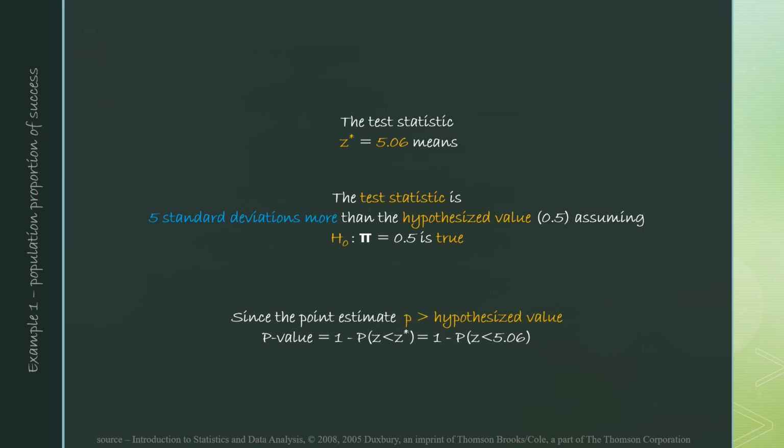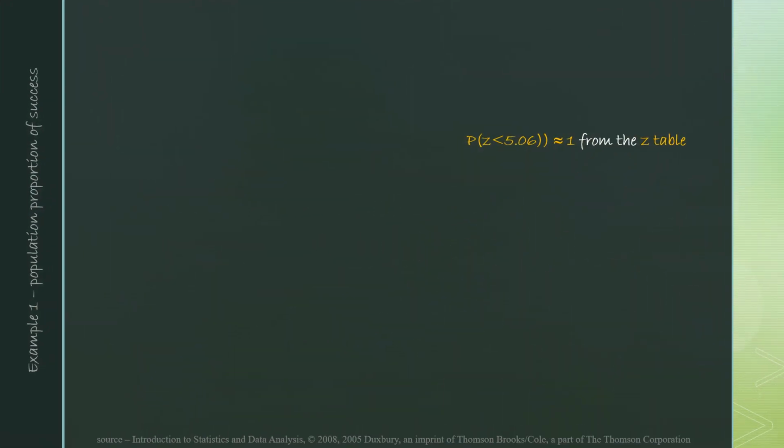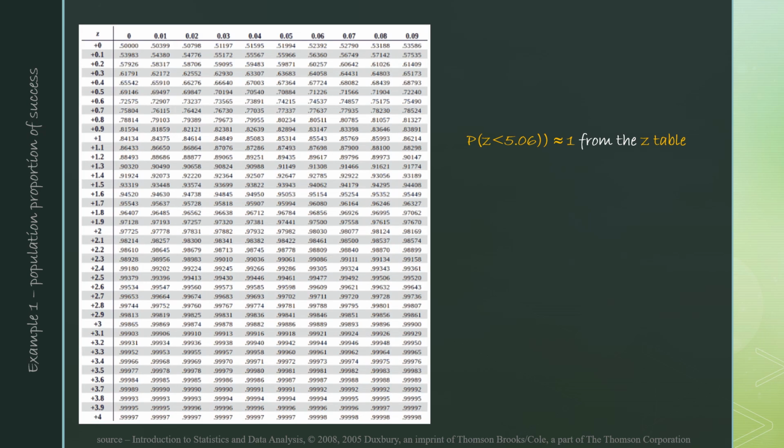Since the point estimate P is greater than the hypothesized value, p-value equals 1 minus the probability of z taking a value less than z star, which equals 1 minus the probability of z taking a value less than 5.06. The probability of z taking a value less than 5.06 approximately equals 1 from the z table.